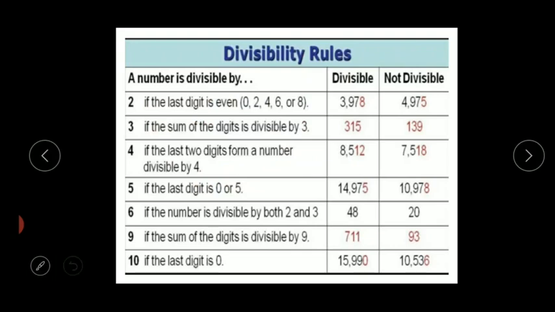Now if the number is divisible by both 2 and 3, then only is the number divisible by 6. When checking whether a given number is divisible by 6, you have to consider whether it is divisible by both 2 and 3. Suppose you have 14.